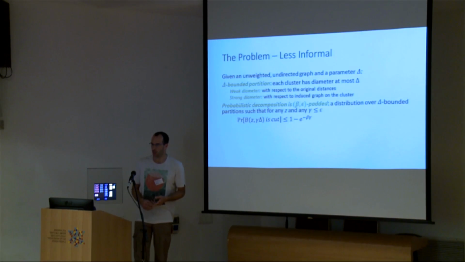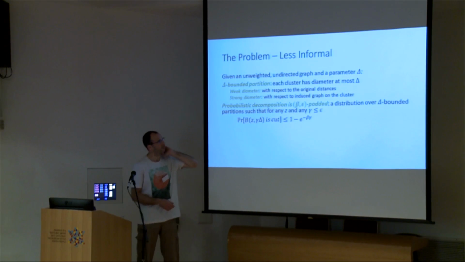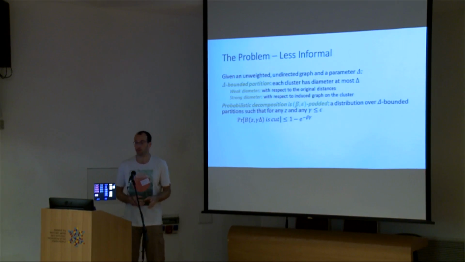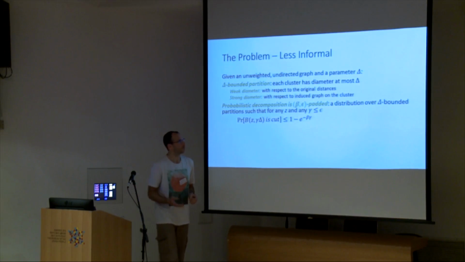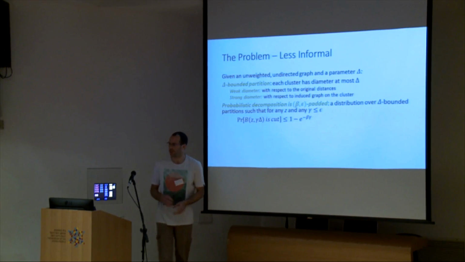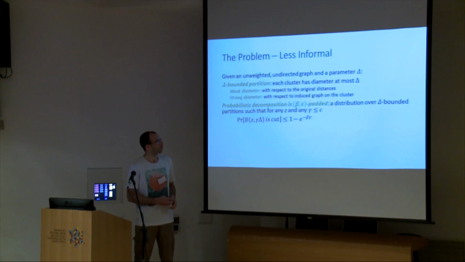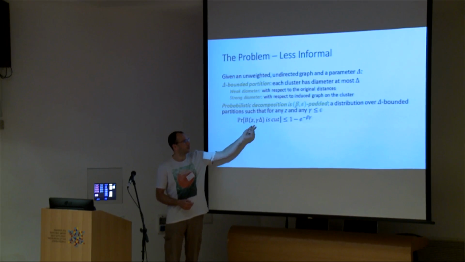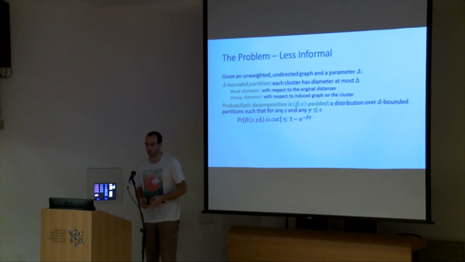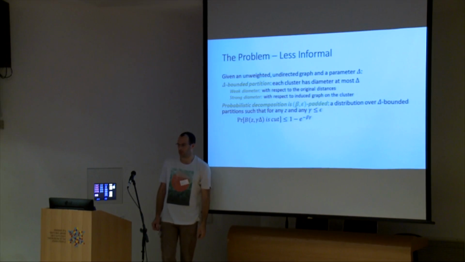So we're going to talk about the randomized version of the partitions. This is a slightly heavy definition, but it is almost the only one. We're talking about what it means to be a padded decomposition. Forget about this epsilon for a second. Beta is the main parameter here. A decomposition is beta-padded if for any point and any sufficiently small gamma, the probability that the ball of radius gamma times delta, where delta is the diameter bound, is cut is at most 1 minus e to the minus beta gamma.